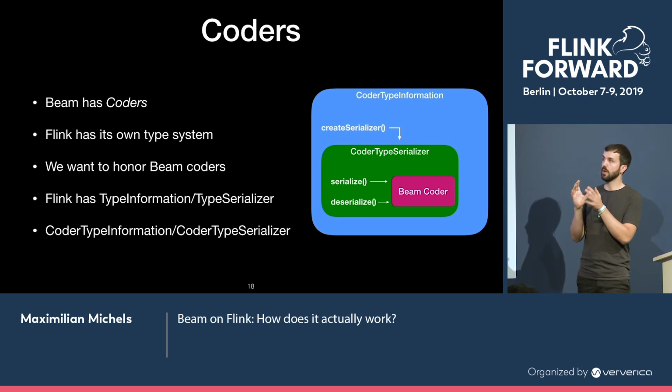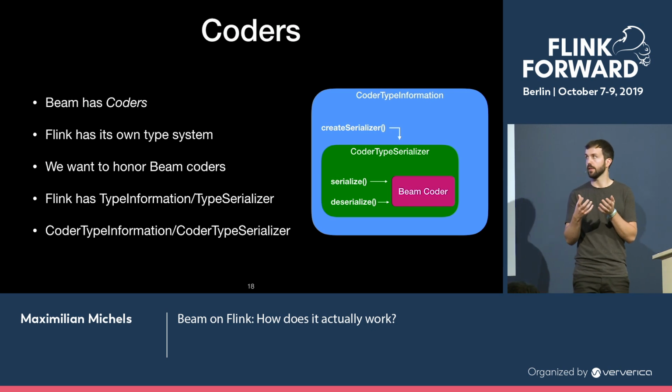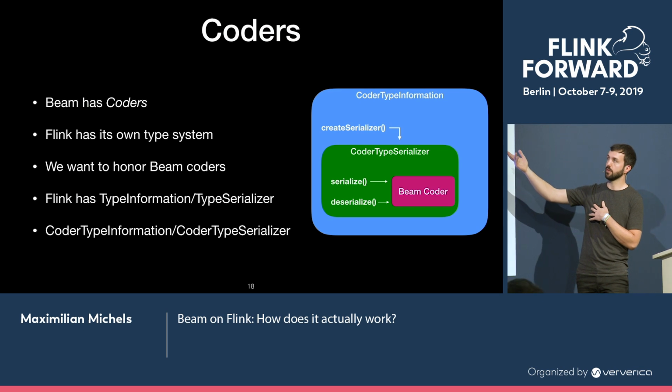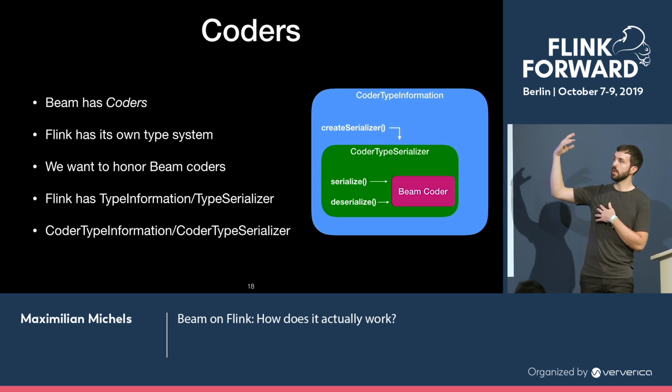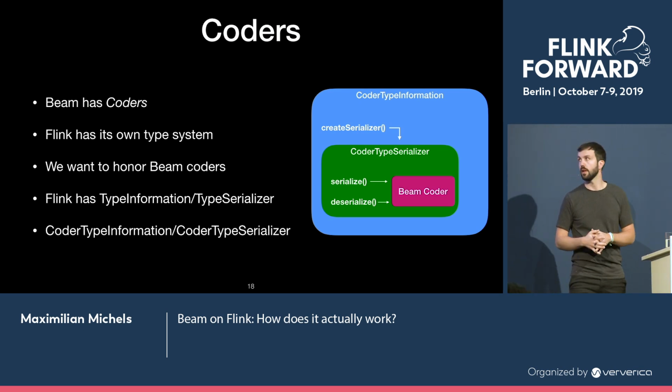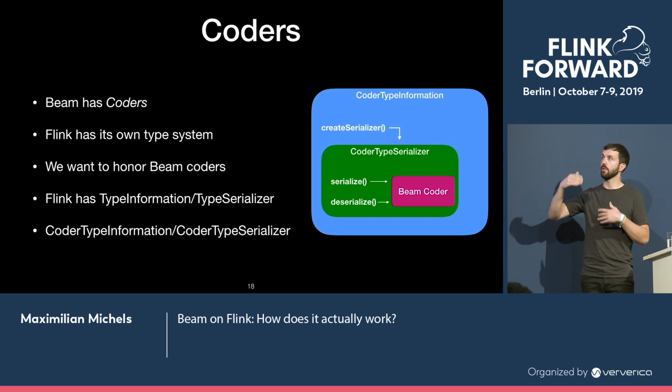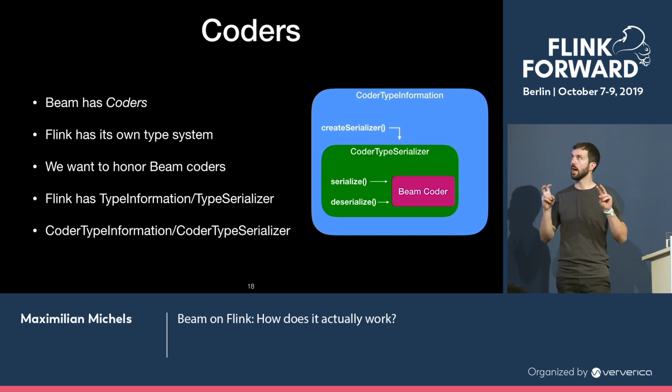Because I mentioned coders, coders are the Beam serializers and deserializers. The way this works, from a very simple perspective, is that as we see the coders in our Beam pipeline, we generate coder type information, which is Flink's way of specifying the type of something.